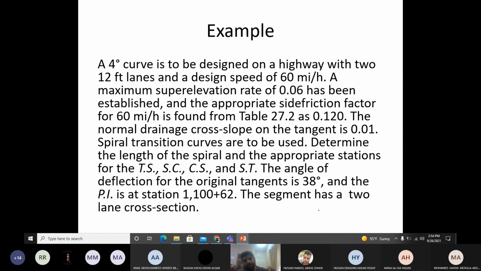If none of you attempts it and shows it to me in the class, I will not discuss it. This problem has calculation of LT, calculation of LR, the calculation of stationing, and the calculation of a spiral curve length. So it's very important that you attempt it. If you don't discuss it in the class, it's your loss.